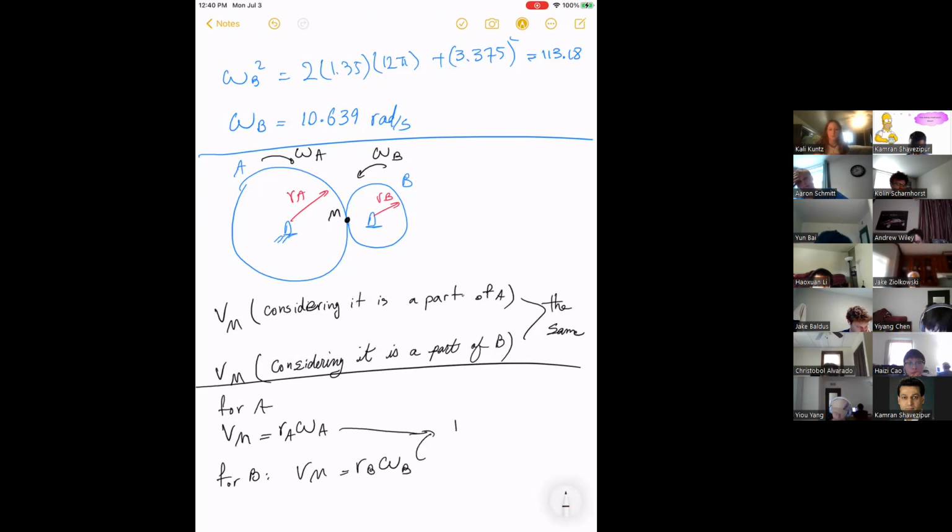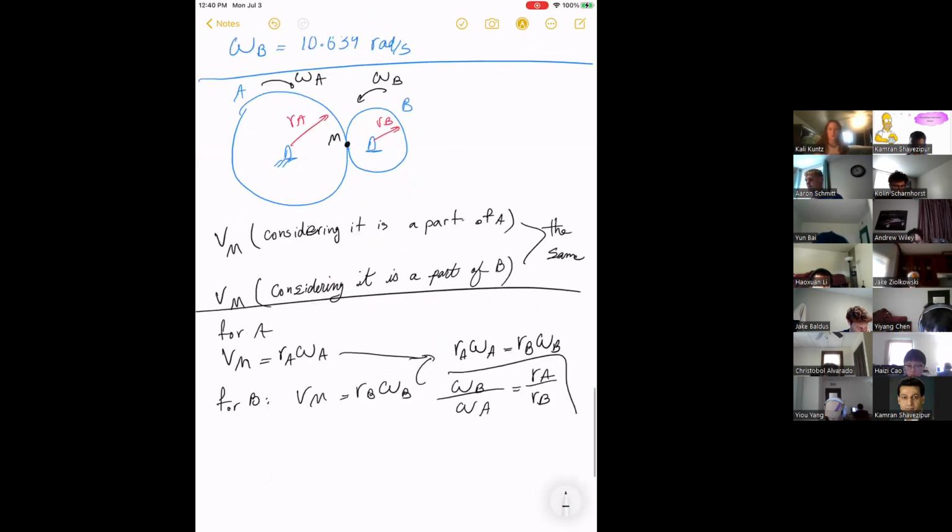Therefore, again, you get RA omega A equals RB omega B, or omega B over omega A equals RA over RB. Same relation we got for the pulleys.